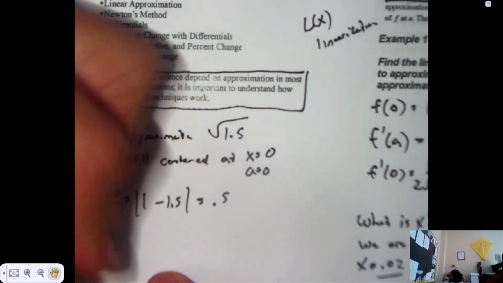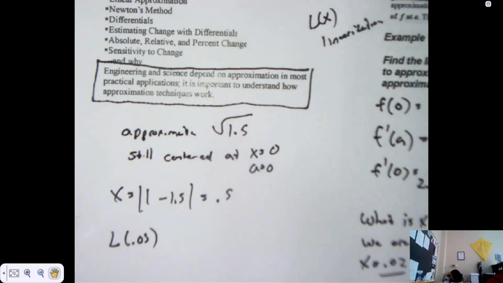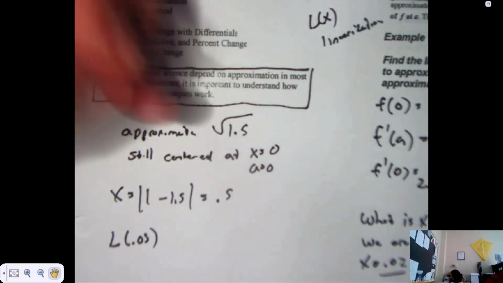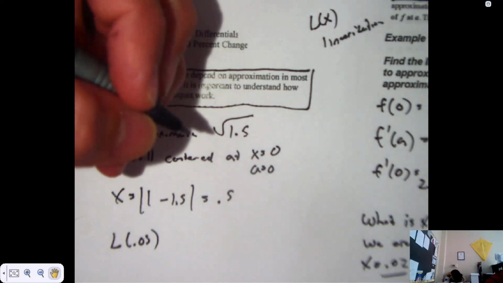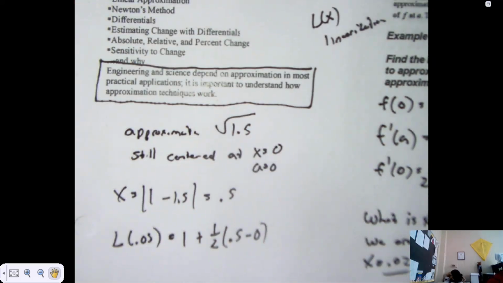We're going to find the linearization of 0.5. We're still going to have pretty much the same setup. F of 0 is still 1. F prime of 0 is still 1/2. In the parentheses, we have 0.5 minus 0.